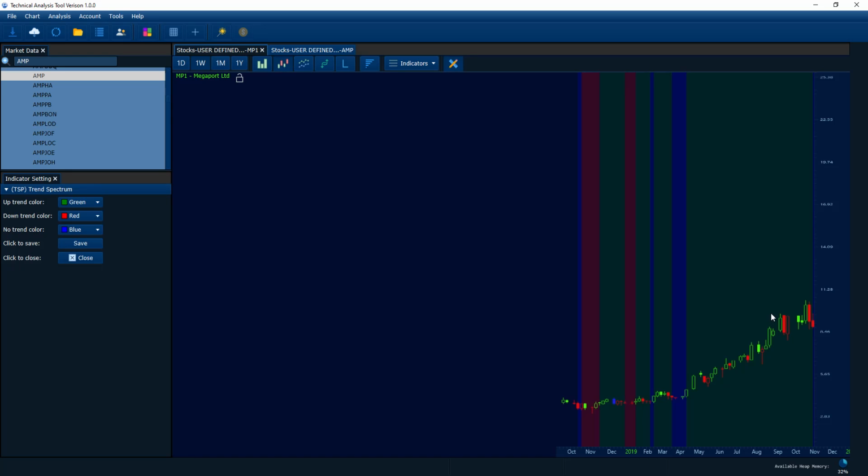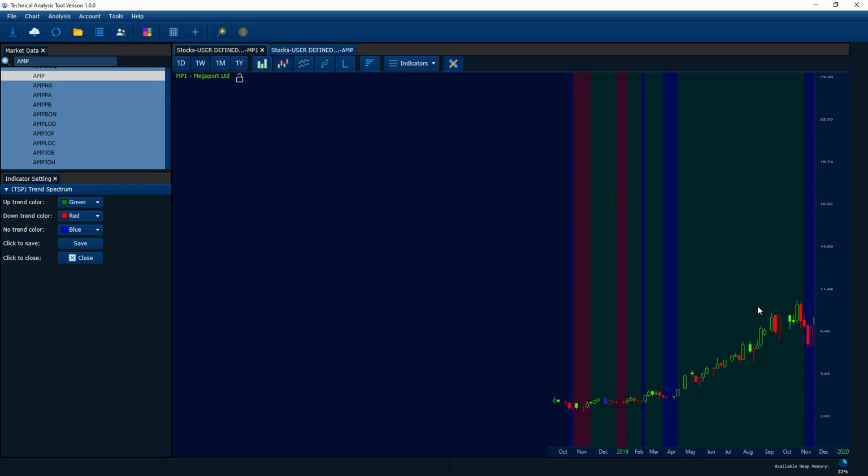So it could be two things. First, this uptrend needs some break now. It's been running a couple of months, half a year, and this trend needs a correction, or this trend might be turning around. As long as this stays in the blue, it's still in correction mode.